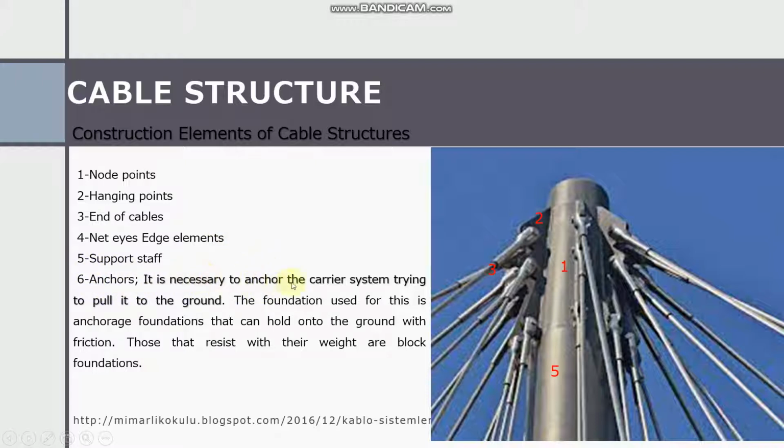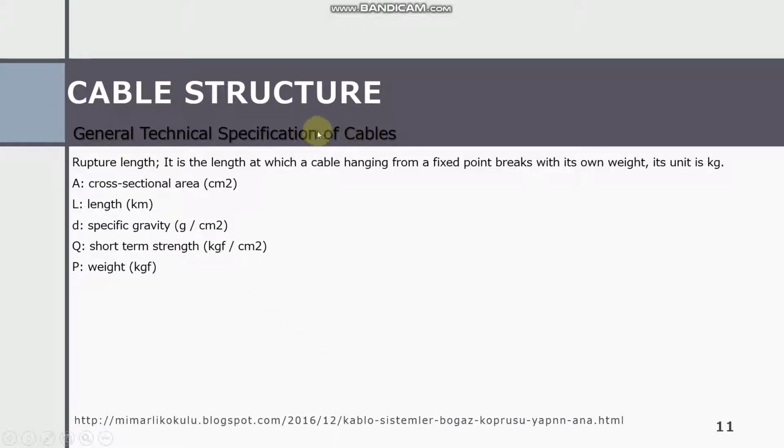It's necessary to anchor the carrier system, which is trying to pull it to the ground. These are carrying the load to the ground. It's important, and also the general technical specification of cables.